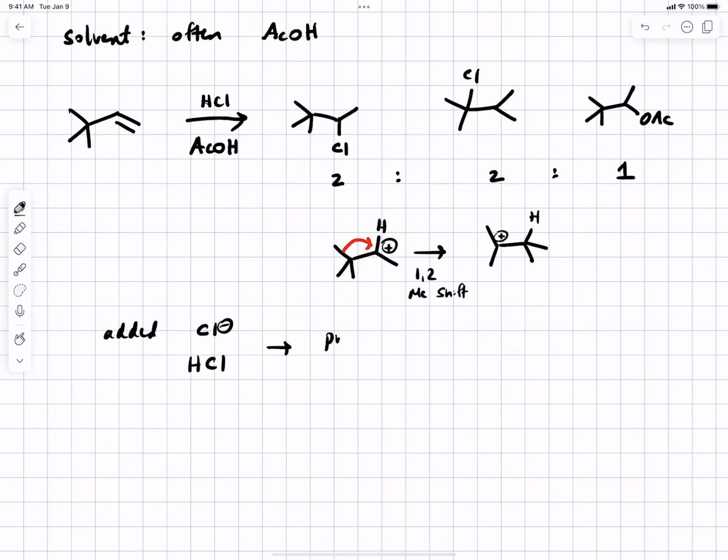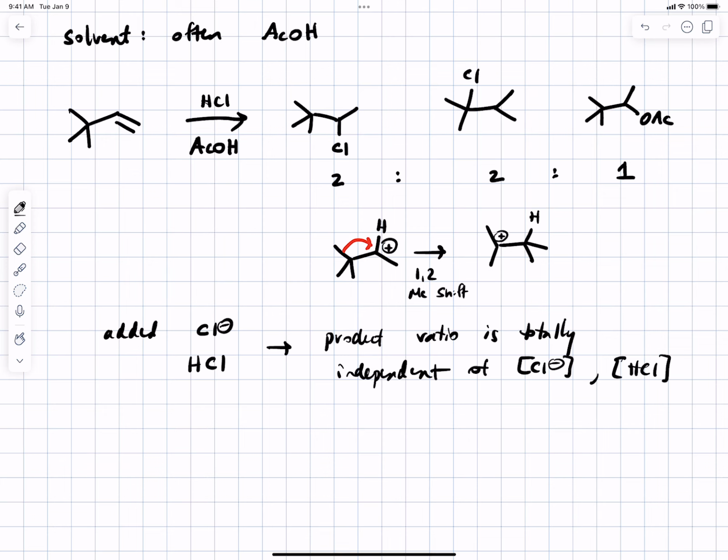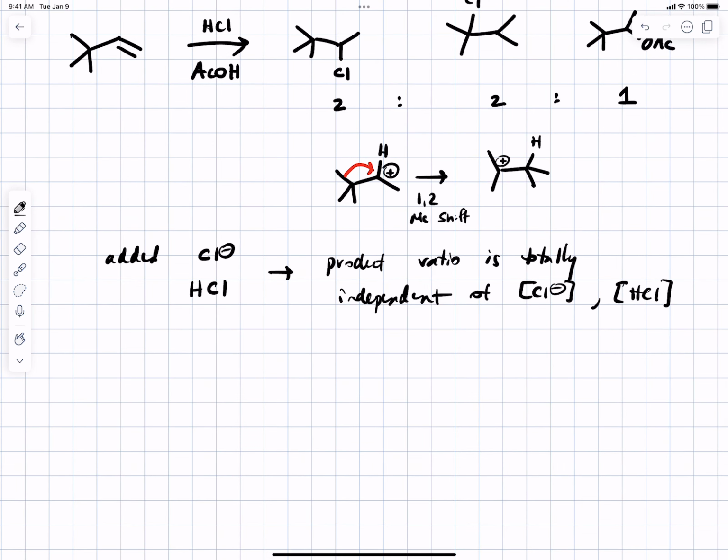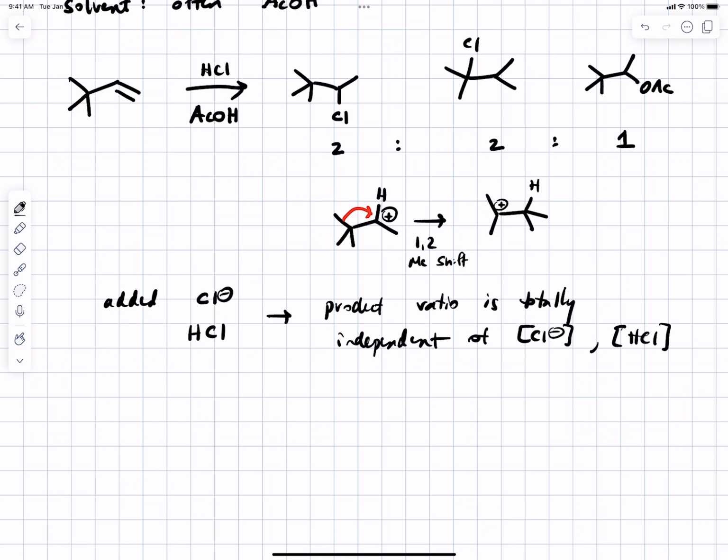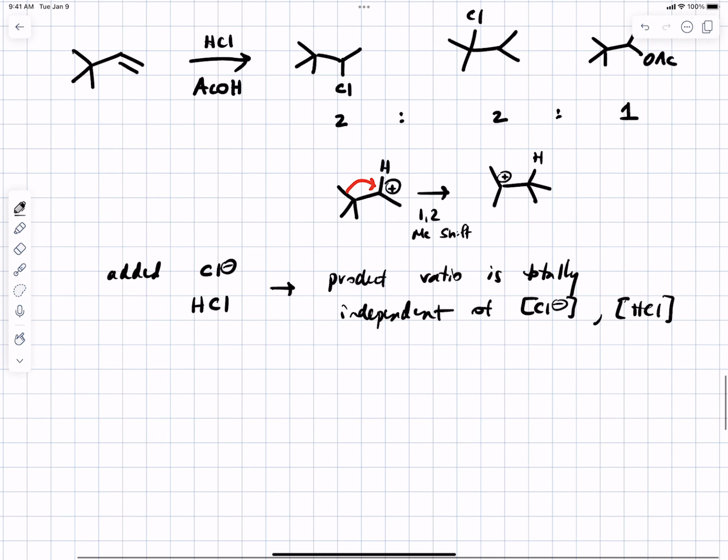Turns out in this case the product ratio is totally independent of added chloro and HCl. You can't make this stuff up, right? And you would think that added chloro should compete with acetate for the carbocation.